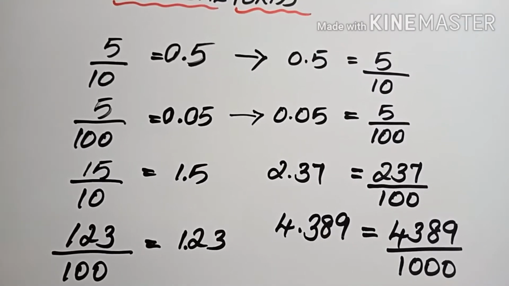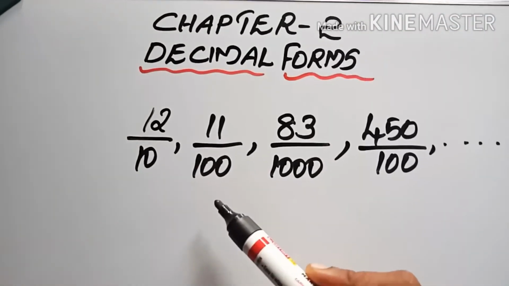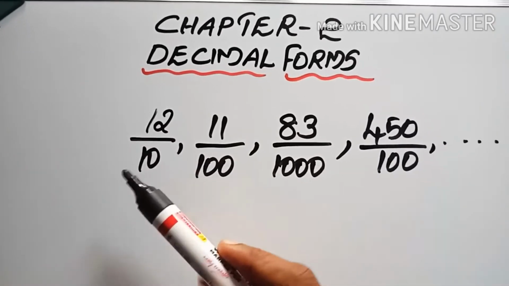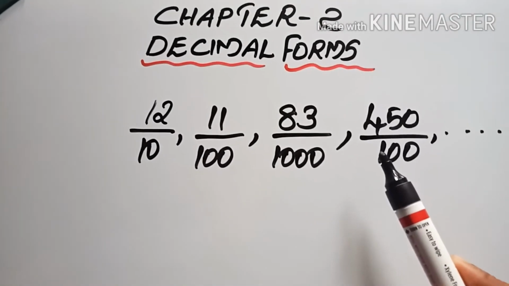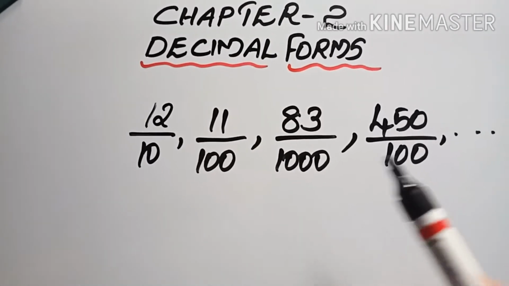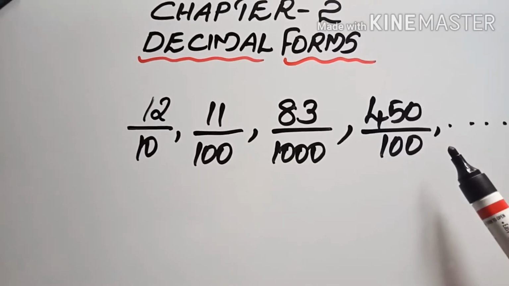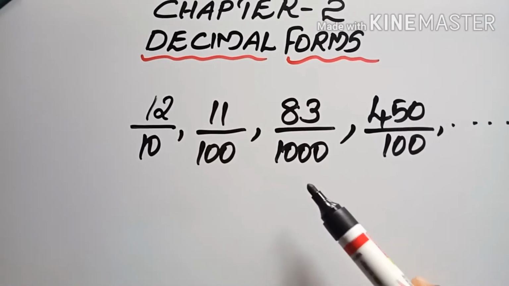Not over. Some more basics are there. We learned to write the decimal form of fractions of this form, that means denominator as multiples of 10. Now, is it compulsory for a fraction's denominator to be a multiple of 10? No, because other types of fractions are also there.